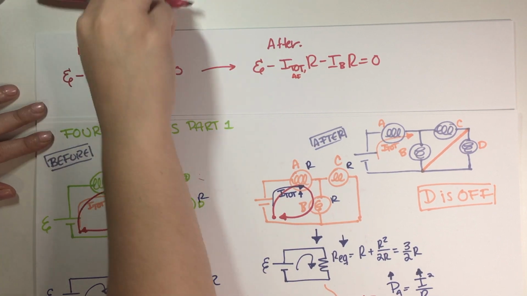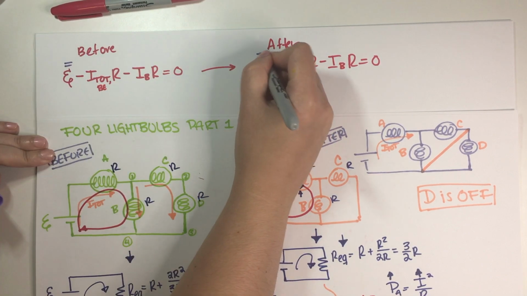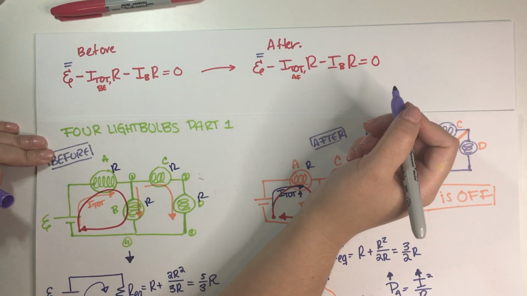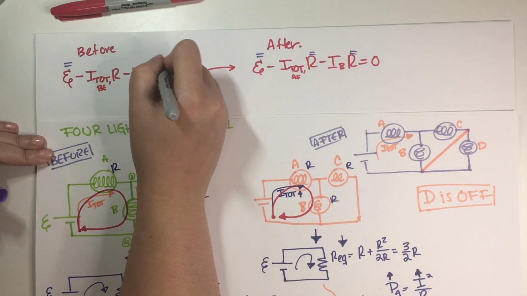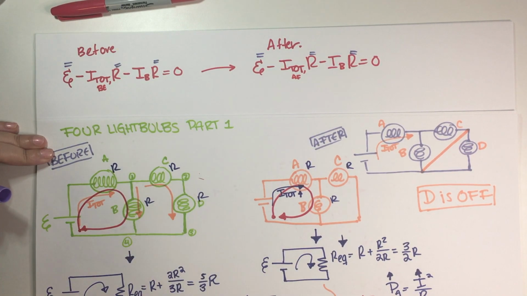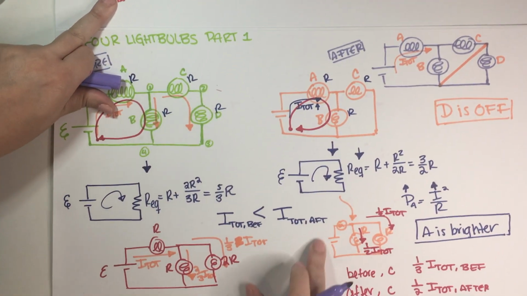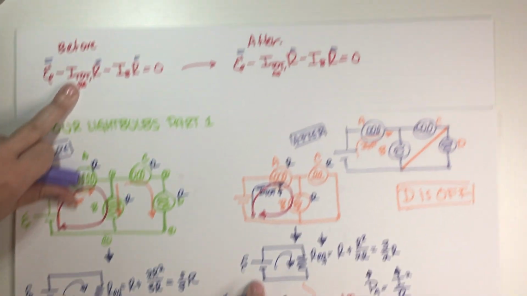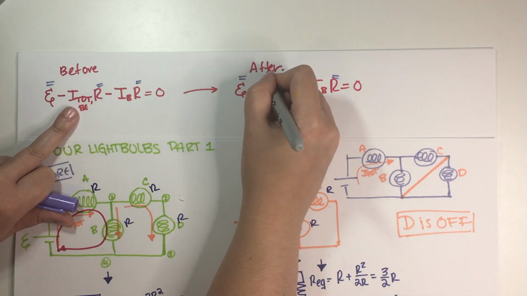Now E is the same, like we have the exact same battery for both of them, so this is not gonna be a difference. And R is also the same, like the light bulbs themselves haven't changed. So the only thing that is different is that this guy from before to after, we know that there was an increase. So this guy going from before to after, this guy went up.